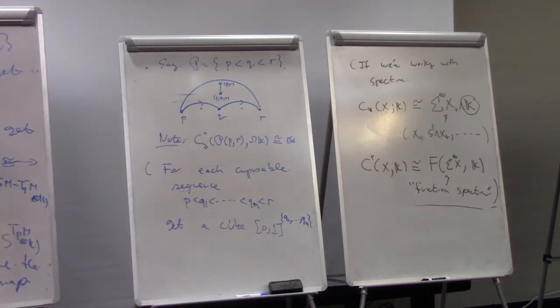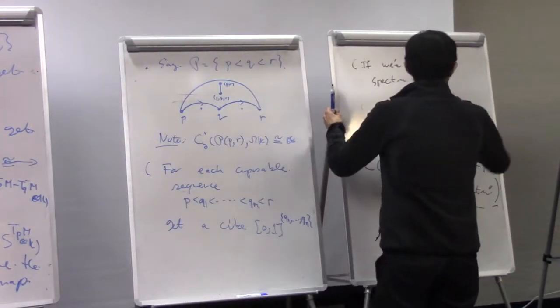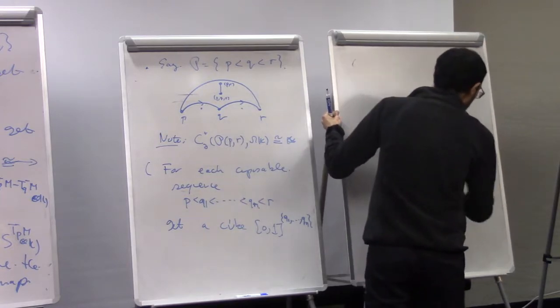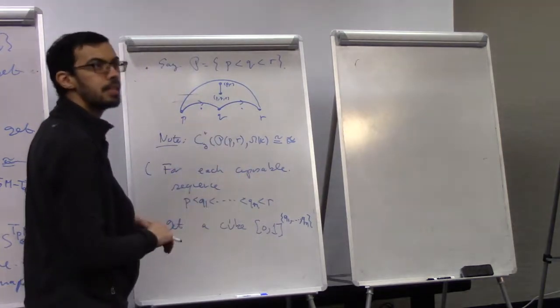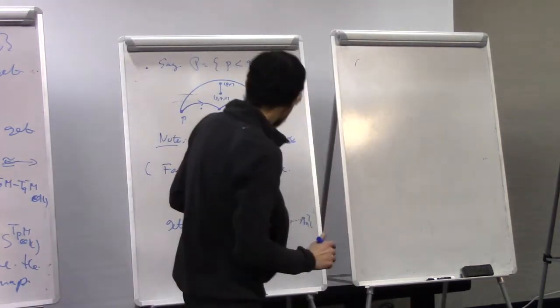Okay? And if you ask me how I should think about these interval directions, they seem to have some canonical meaning in Floer theory. In Floer theory, what does it mean to have a composable sequence like this?